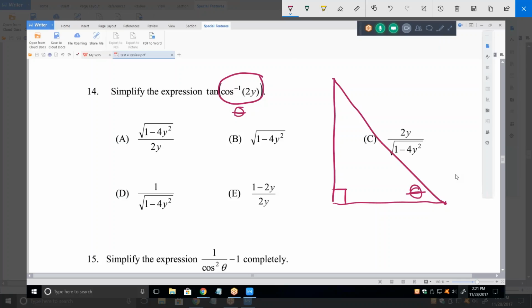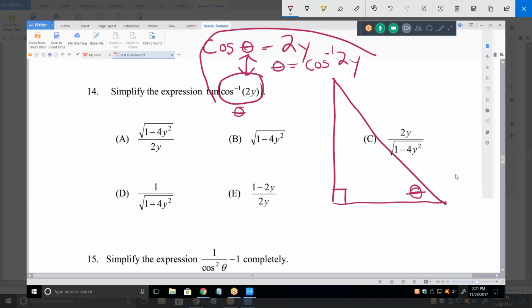When I write this theta down there, what I'm really saying is that the cosine of theta equals 2y. These two things mean the same thing. This is talking about the inverse cosine of 2y. I'm saying that's equal to theta. So theta equals the inverse cosine of 2y. That is all true. Now, that helps us dimension this triangle.